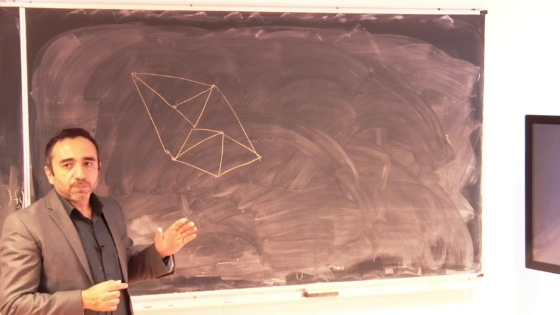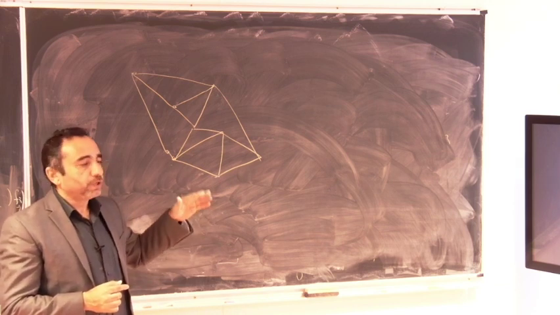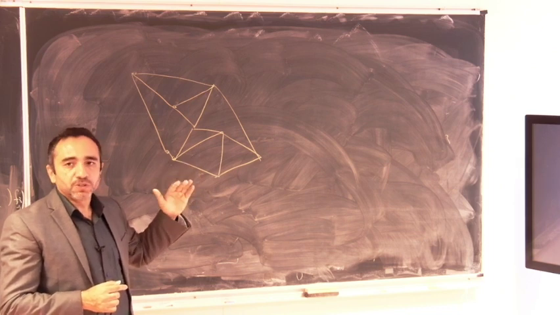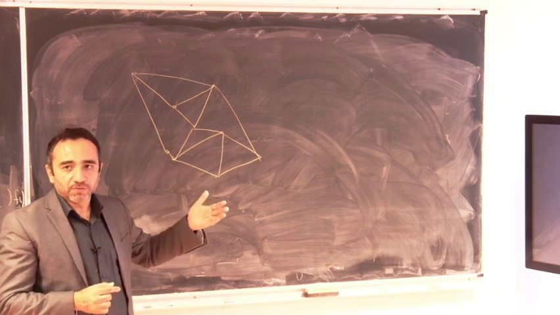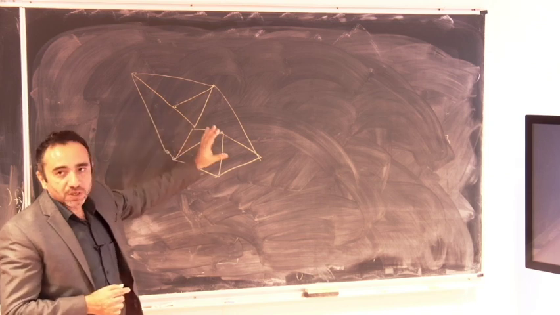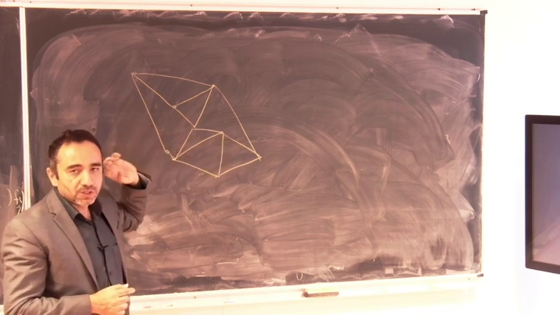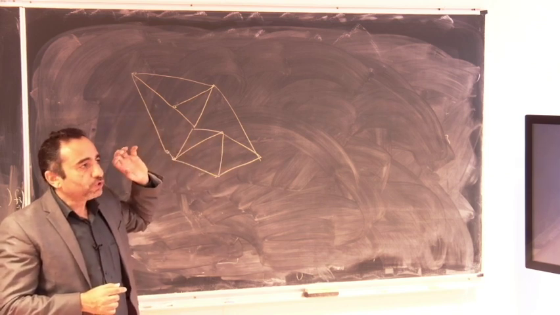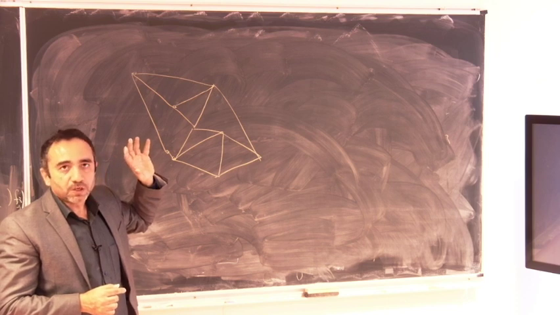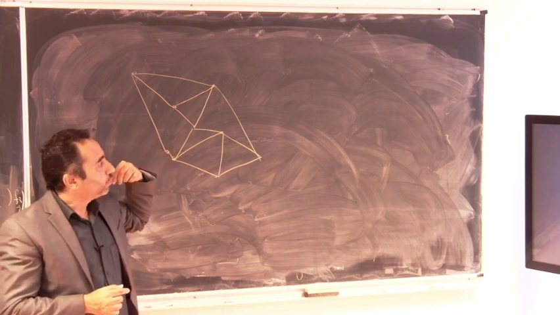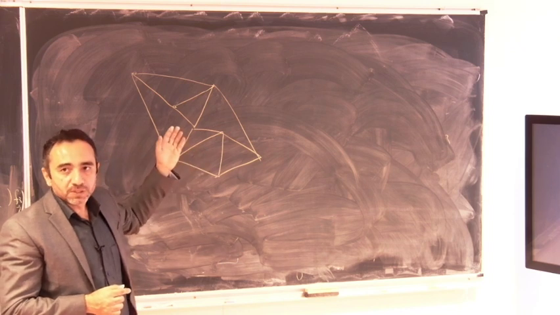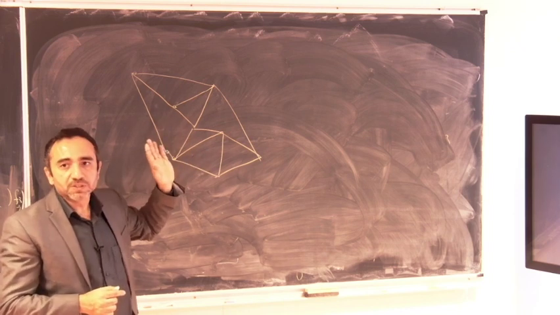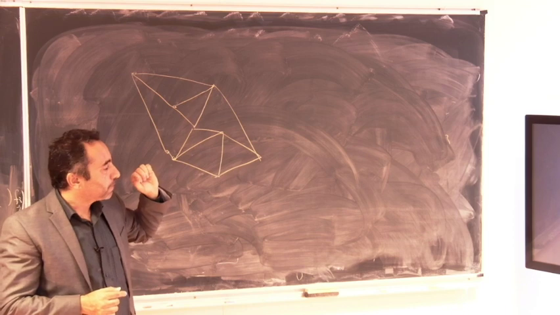I'm doing it on a particular example, but this theory can be generalized to any graph. So for example, we have this graph, or any graph G. We need to check whether three colors will be sufficient to color all vertices so that any two adjacent vertices have different colors.